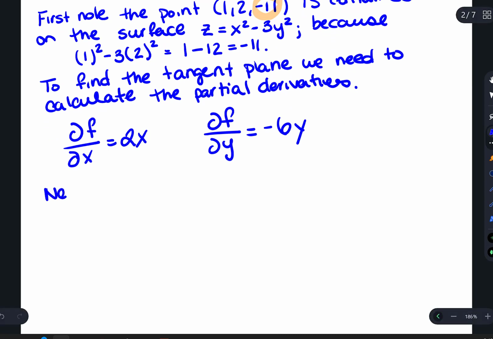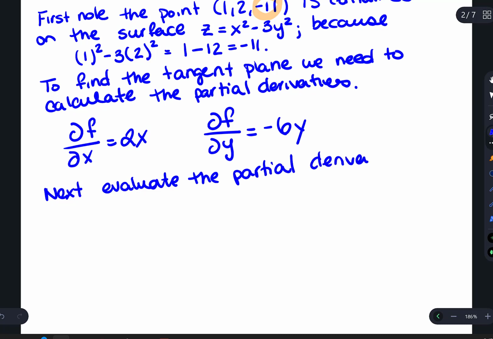Next, we need to evaluate the partial derivatives at the point x naught, y naught. So where does this point come from?